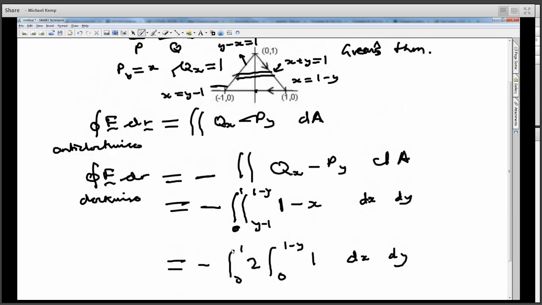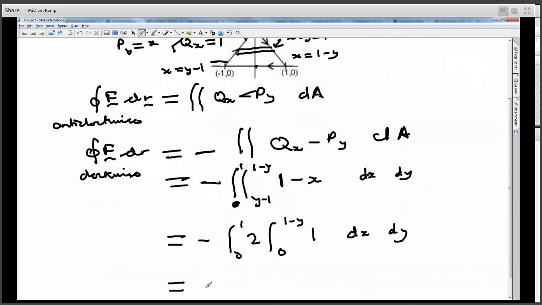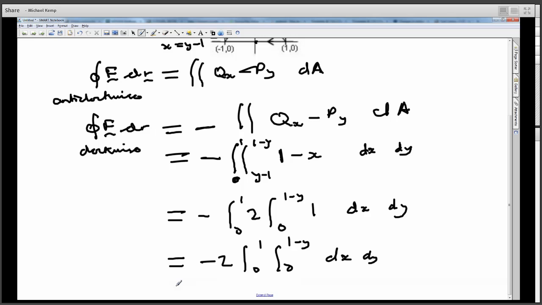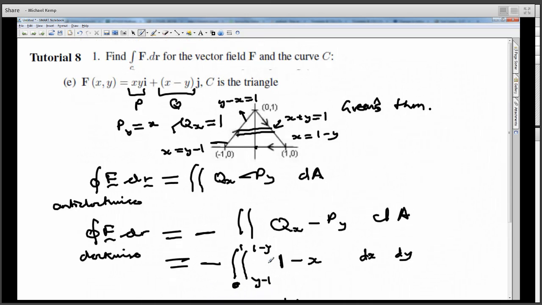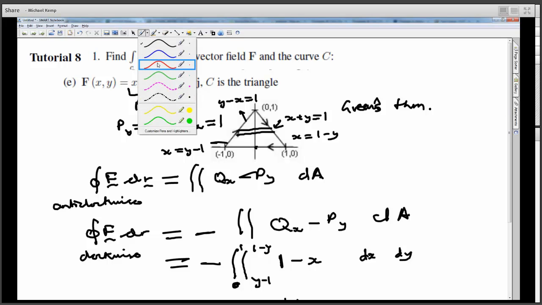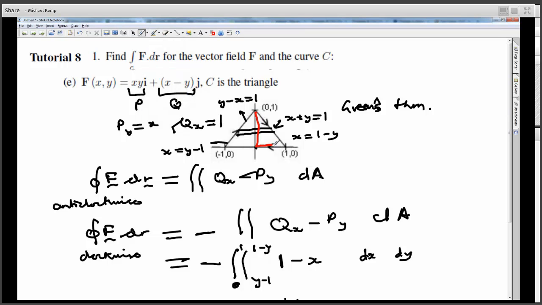And again, you could do some tricks. That's minus 2 times the integral from 0 to 1 of the integral from 0 to 1 minus y, dx dy. You can see that really just corresponds to minus 2 times the corresponding area, which is the area of this triangle here.